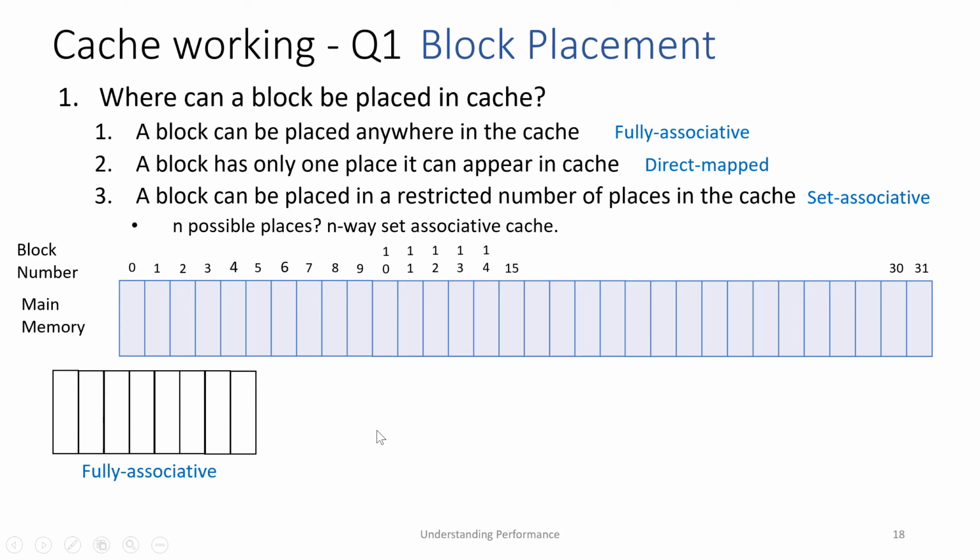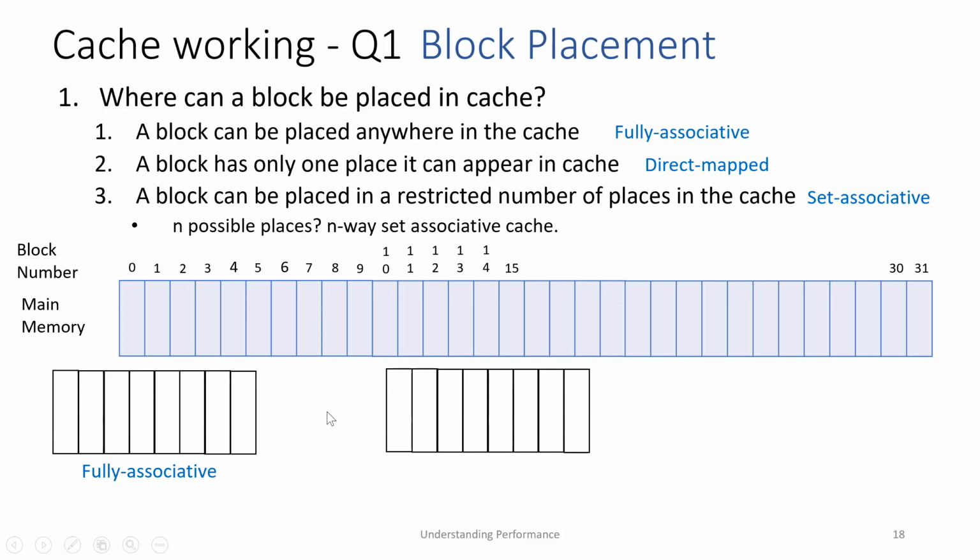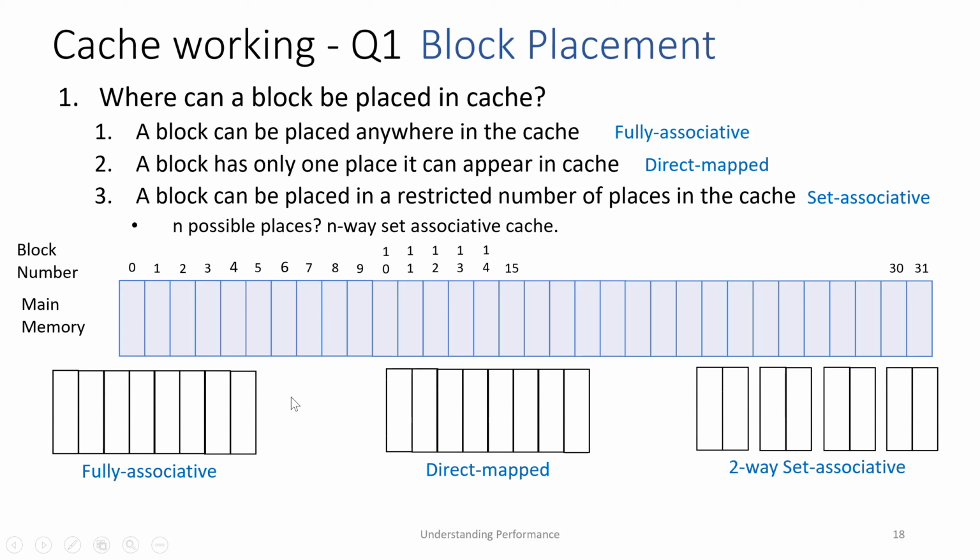We are going to see all 3 caches: fully associative, direct mapped, and two-way set associative cache. An important point to note is all of them have the same capacity. Fully associative can store 8 blocks, direct mapped can store 8 blocks, and two-way set associative can also store 8 blocks. Now if we take block number 13, in a fully associative cache, it can be placed anywhere.